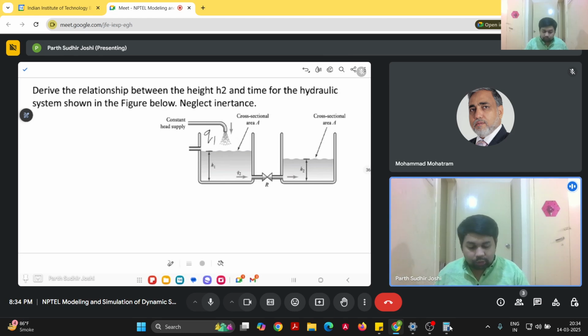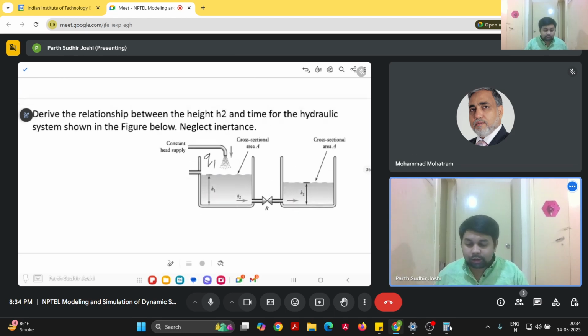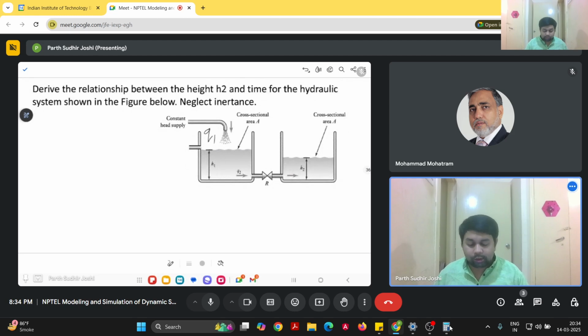We have to basically find out the relationship between height H2 and time. Now how do we go about solving this problem?